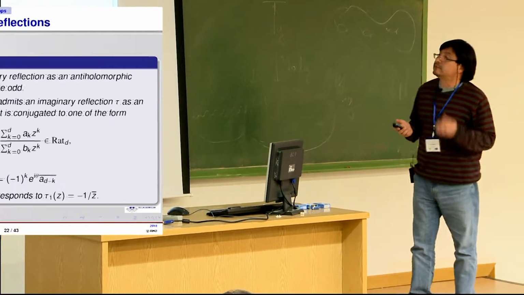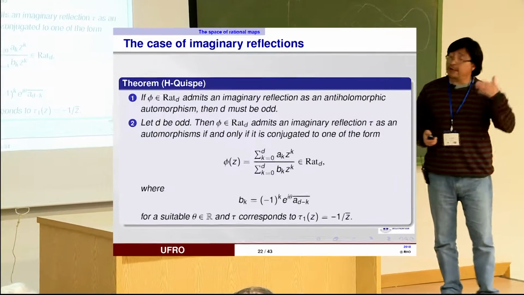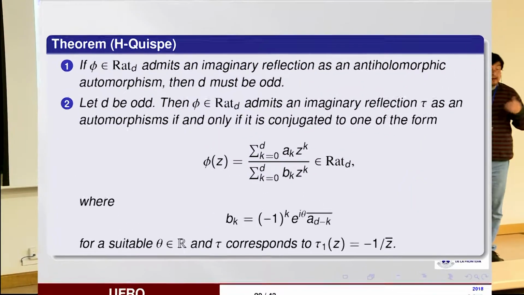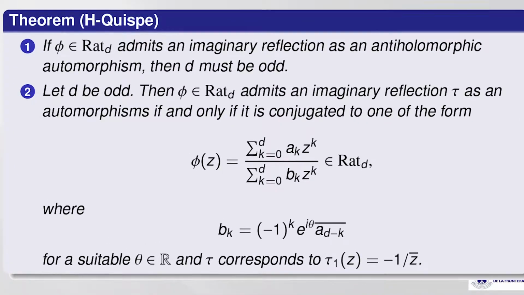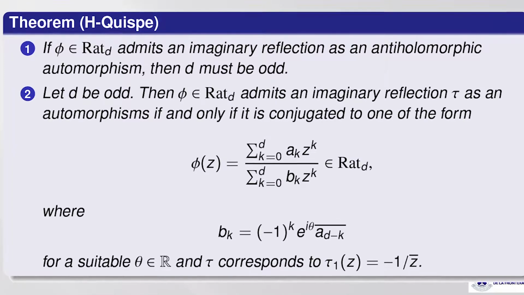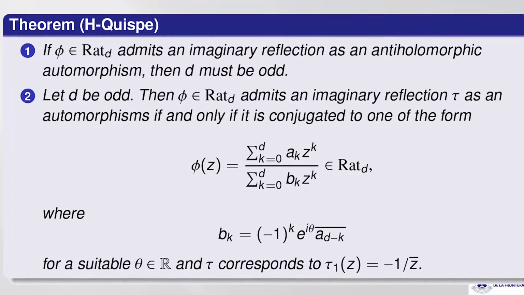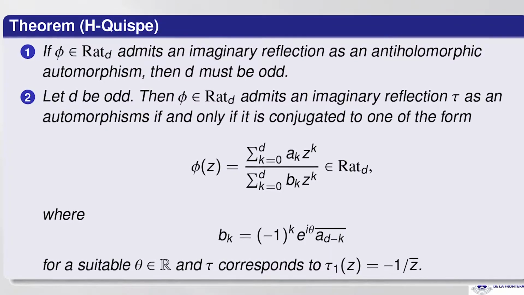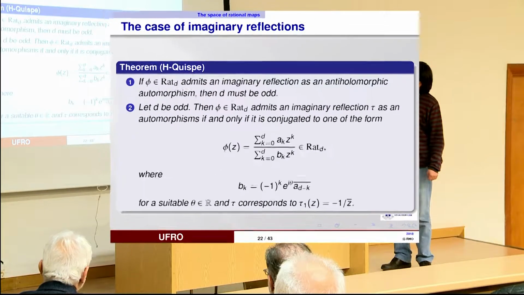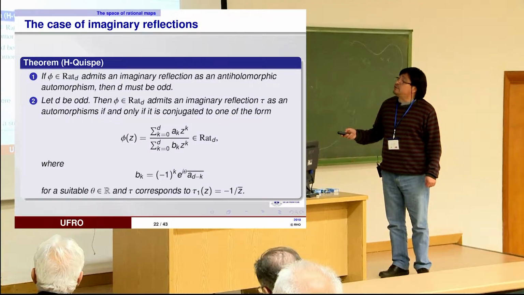Yeah. So with Saul Quispe, we were trying to say, okay, if I want to look at a rational map with an imaginary reflection as an automorphism, how much does it look like? So it's the normal form. As we know, only d must be odd, and in fact, if d is odd, then the rational map admits an imaginary reflection if and only if it can be written in this form, where there is some relation between the coefficients.